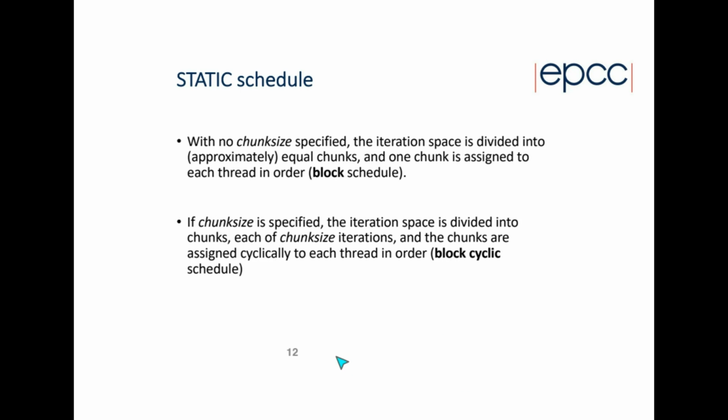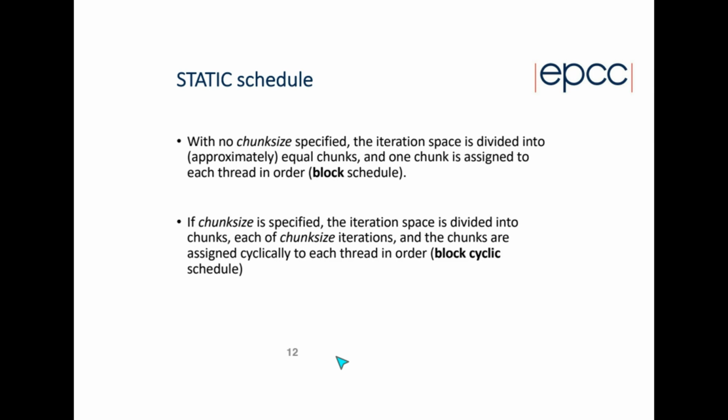So the first option for the schedule kind is static. If we don't specify a chunk size, then effectively we get the same as the default behavior. The iteration space is divided into approximately equal chunks.